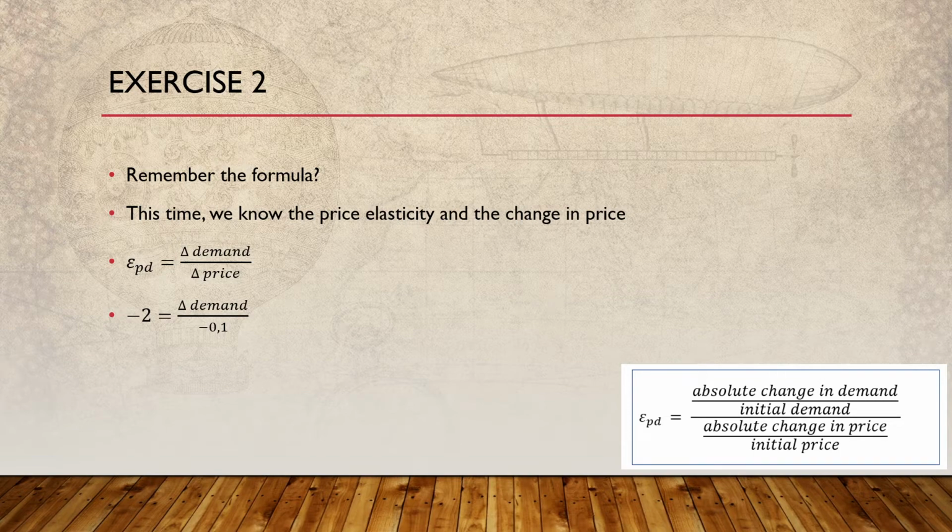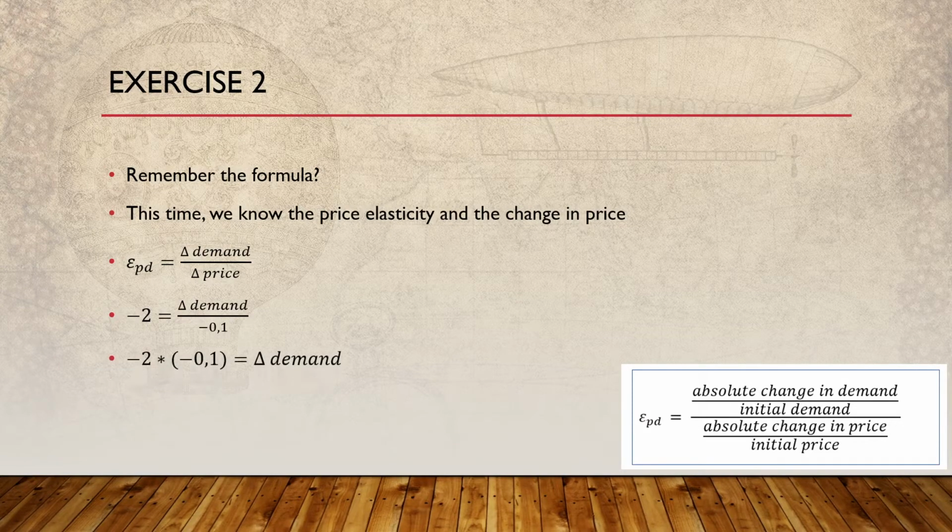This is way easier than the other formula over here, because I already know the numerator from my question itself. There's no need to do it the other way right now. So this is actually a simple equation. I just have to find my change in demand. This is my unknown variable.